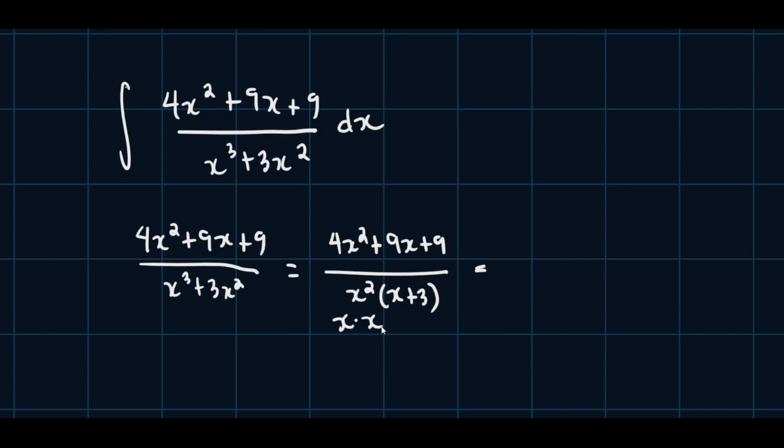Okay? However, since it's a repeated linear factor, we're going to consider it as something over x plus something over x squared plus something over x plus 3.